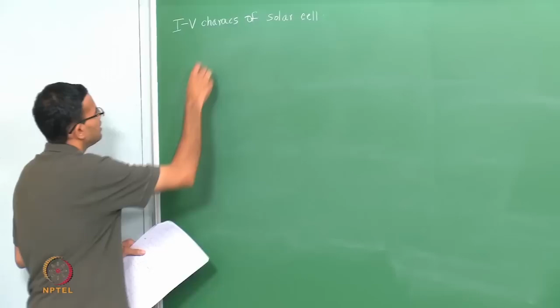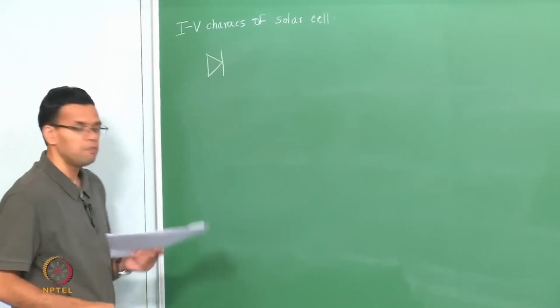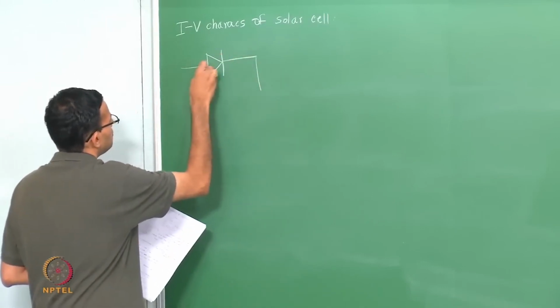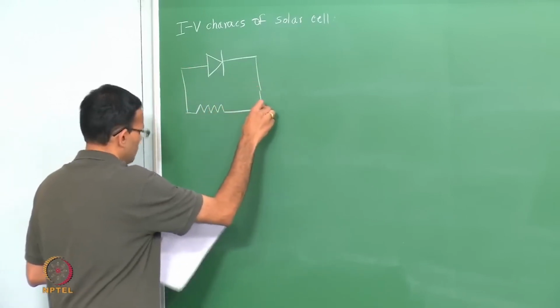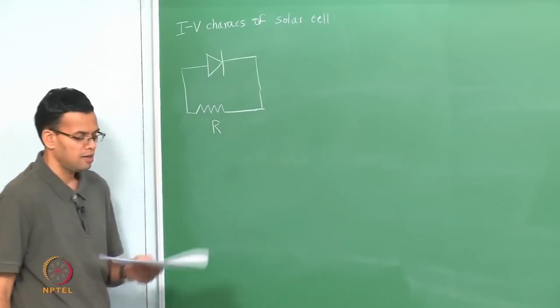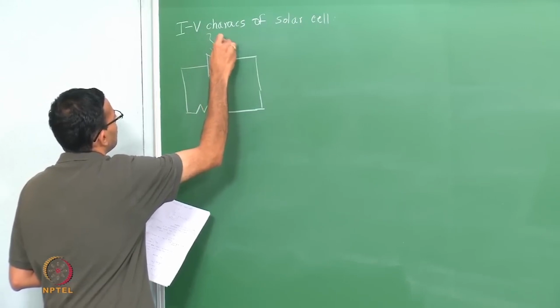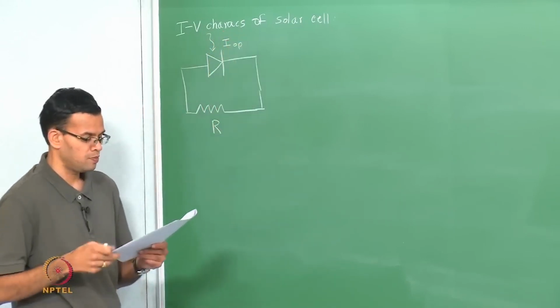In this particular case, we are looking at a solar cell which is a simple p-n junction that is connected to some external load. The external load is defined by a resistor R, and you have some incident light of certain intensity which is given by I op.